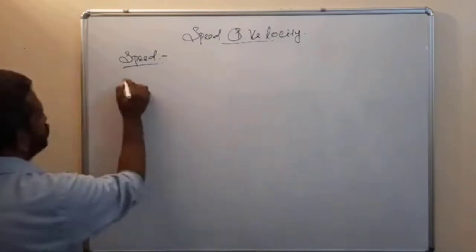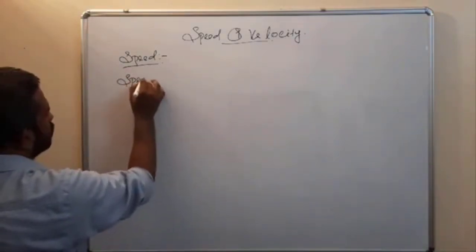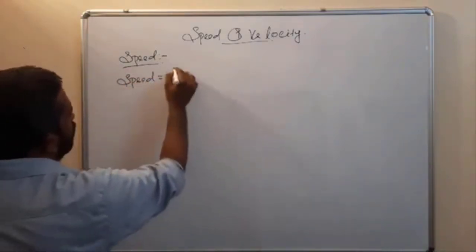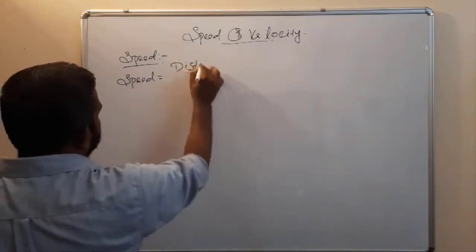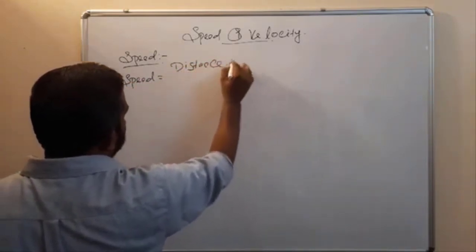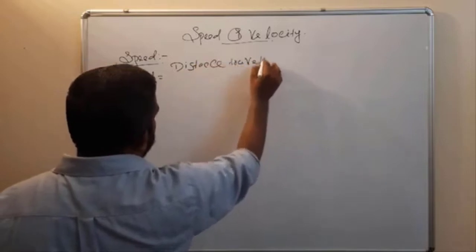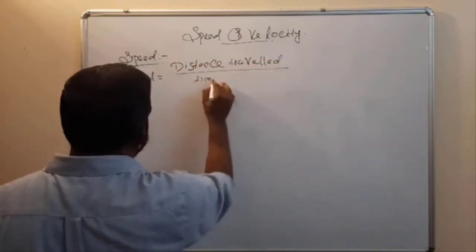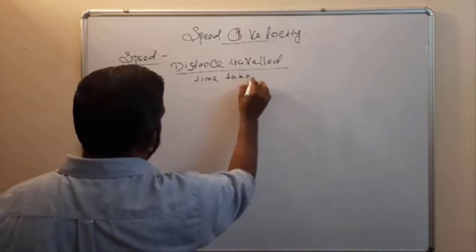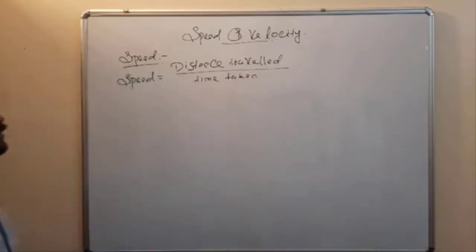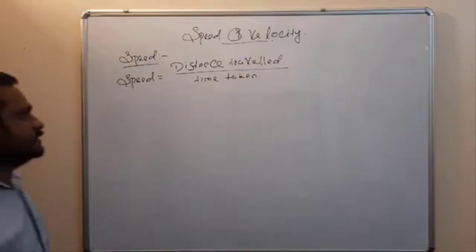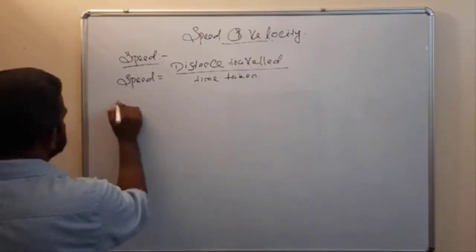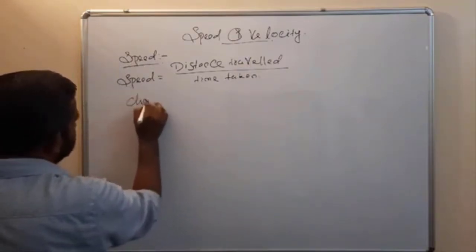So speed is equal to distance traveled by time taken. Okay. So the characteristics of speed.